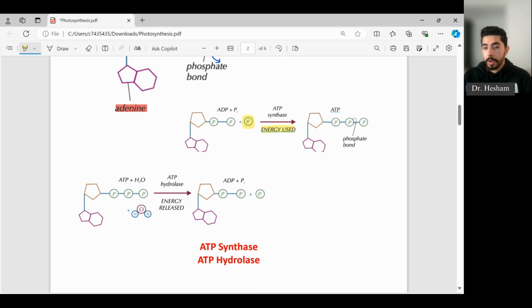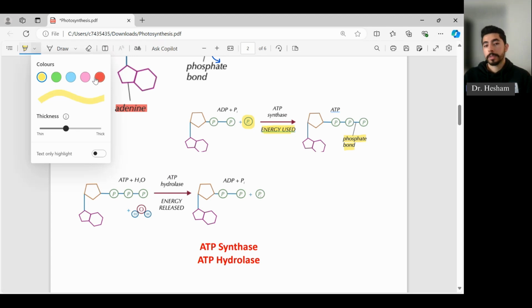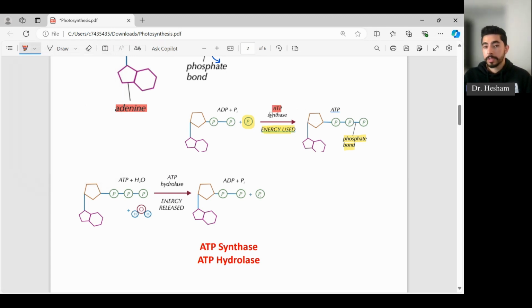An enzyme called ATP synthase is what facilitates this process. So this enzyme is what adds a phosphate group to ADP to make ATP.